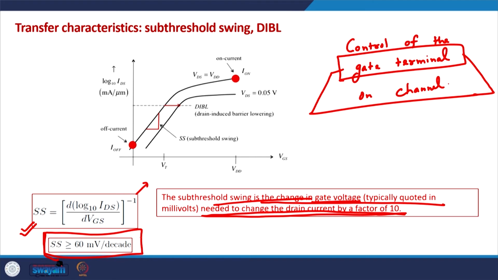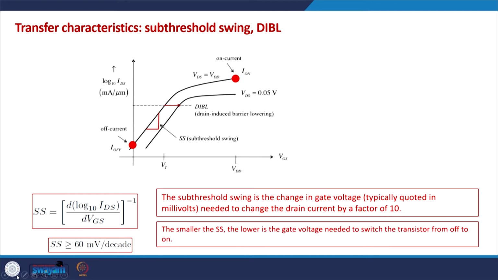I would recommend all of you to go back and look into where this limit comes from, and this 60 millivolt per decade is the minimum of the subthreshold swing. This is interesting physics, you will like it. So, that was the main point here.